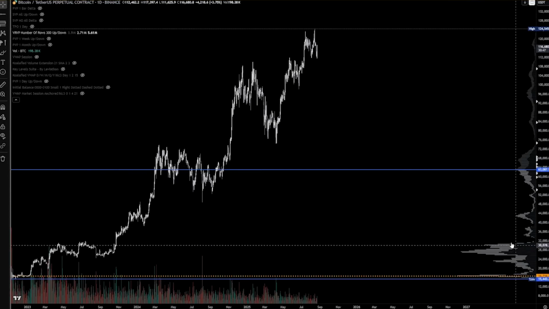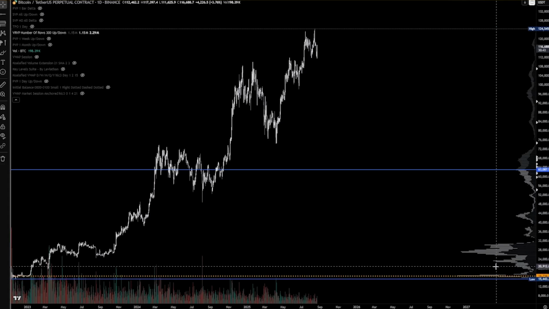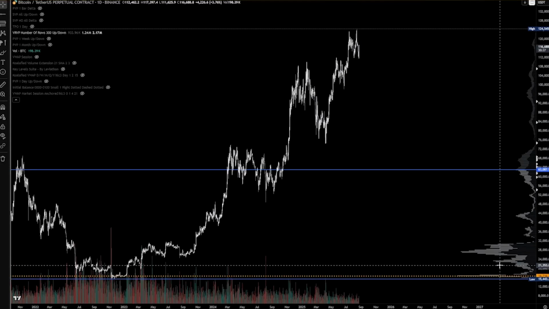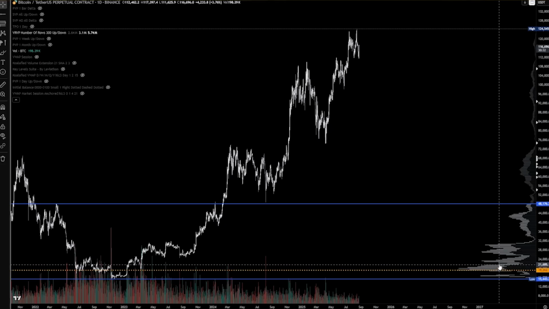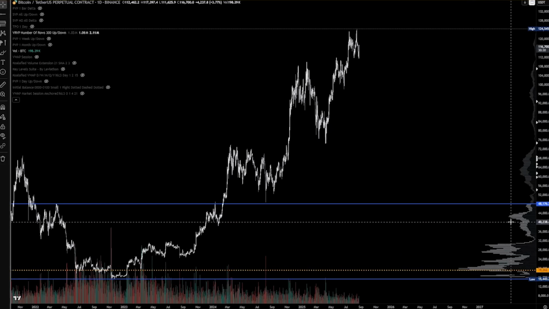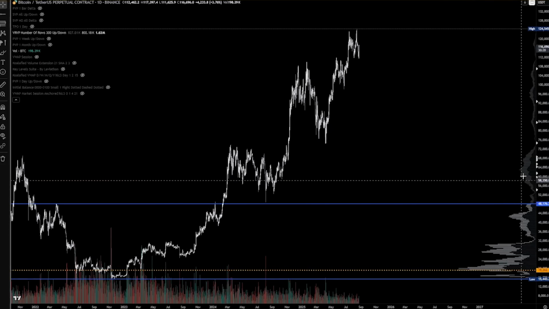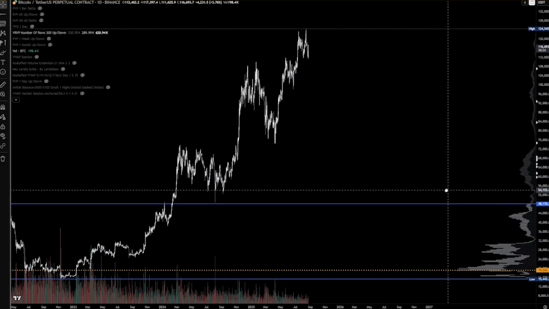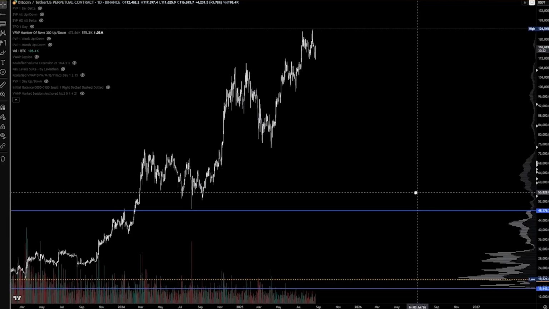So a lot of volume transacted down at the lows. It's not a good place to buy when you're at the lows, but I think a lot of people were doing that. And then every consolidation, it looks like there was quite a bit of volume transacted. Let's get this old price history out of here.